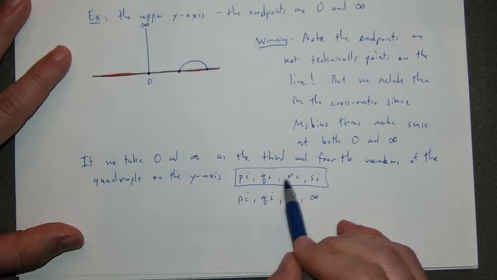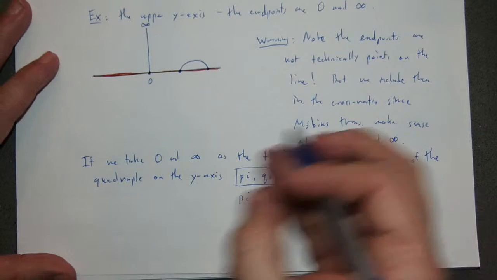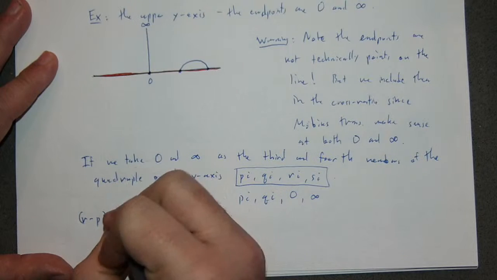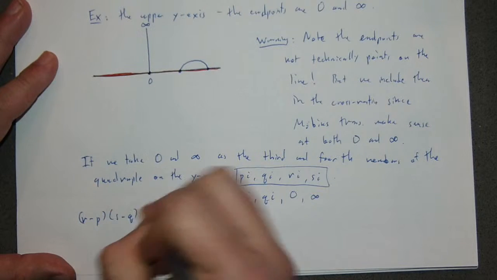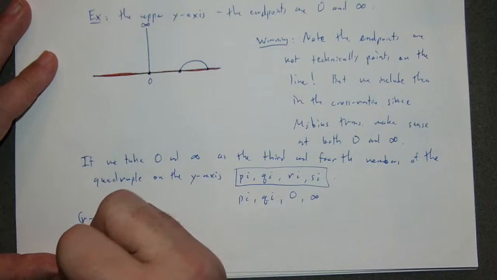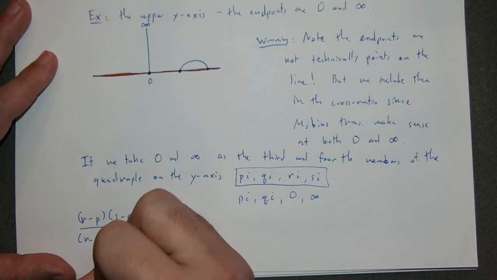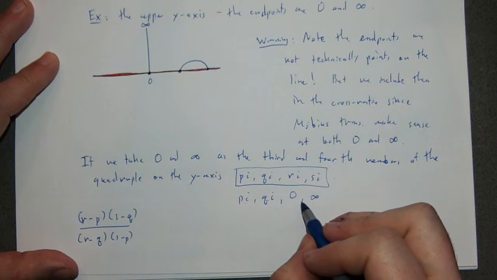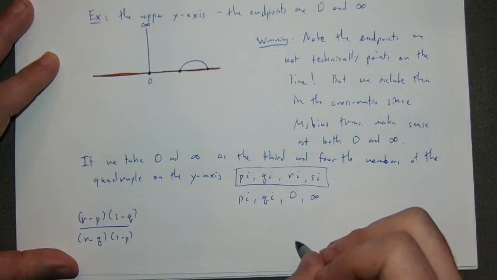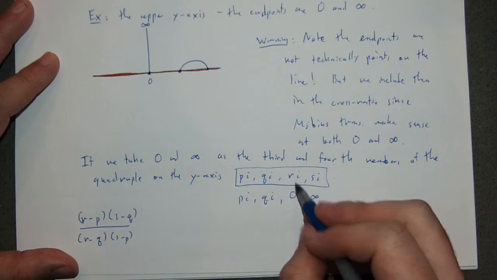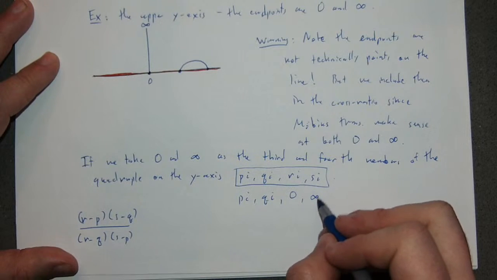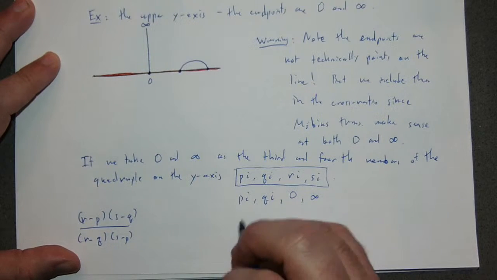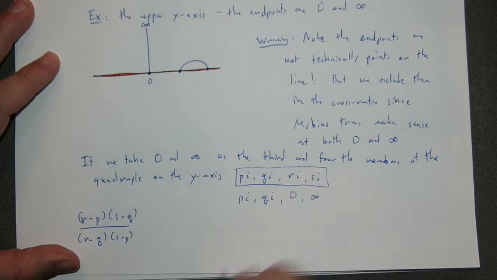We saw that the cross ratio of these 4 points was real and that its value was R minus P, S minus Q over R minus Q, S minus P. But replacing Ri with 0 and Si with infinity, what can we do here?